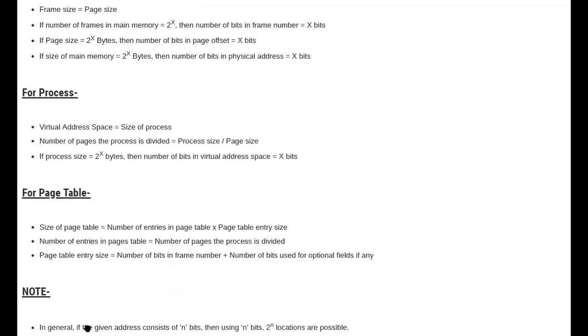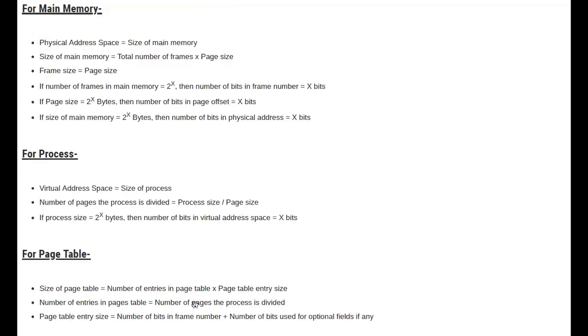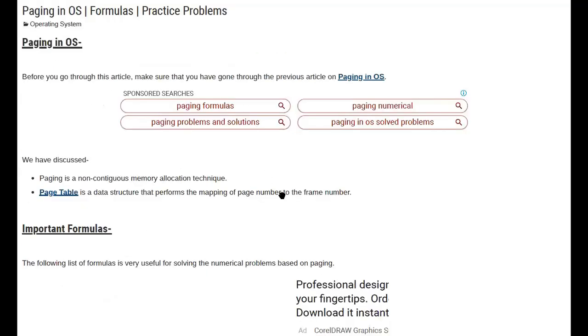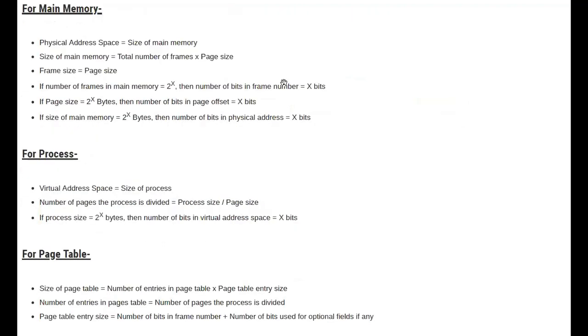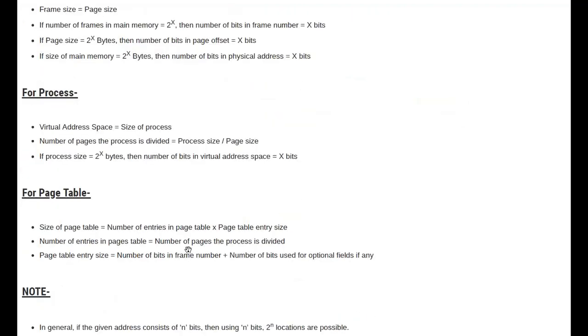In general, if the given address consists of n bits, then using n bits, 2 to the power n locations are possible. That you have already known. If n bits are there, 2 raised to the power n locations are possible.